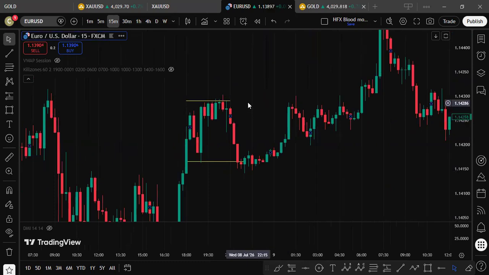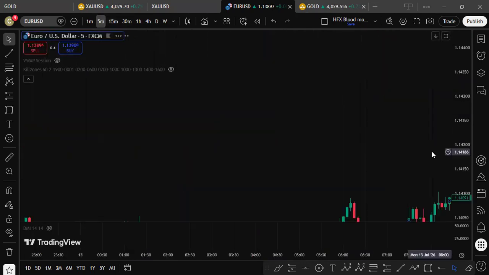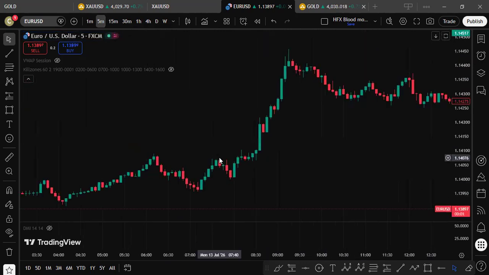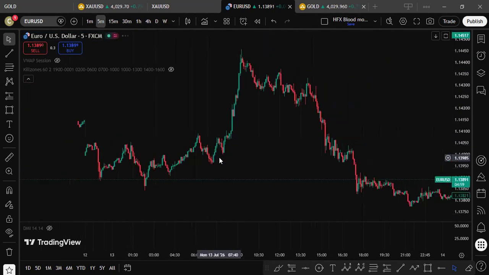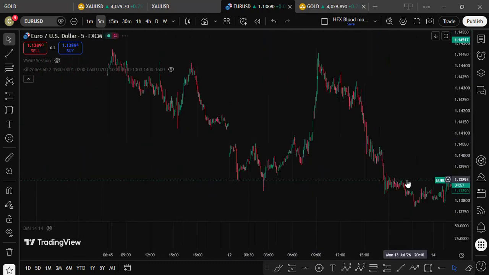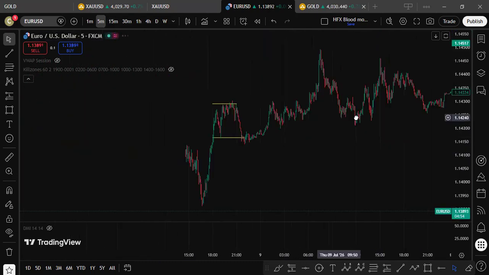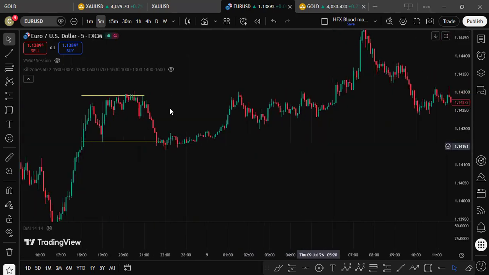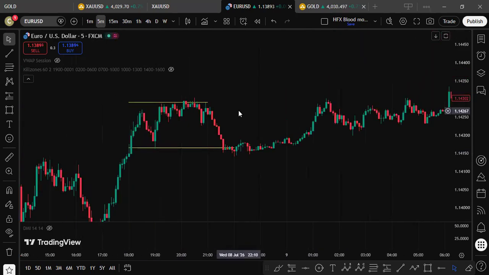The 15 minutes time frame is too distant. Let's go down lower. So any time frame that you don't see what you're looking for, just kindly adjust. All right, here we go.